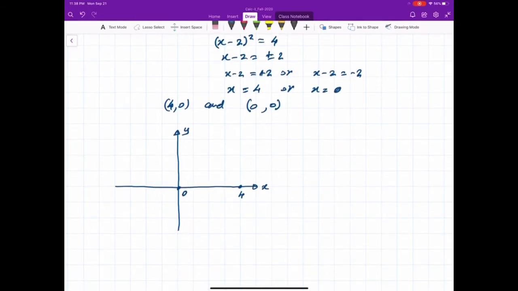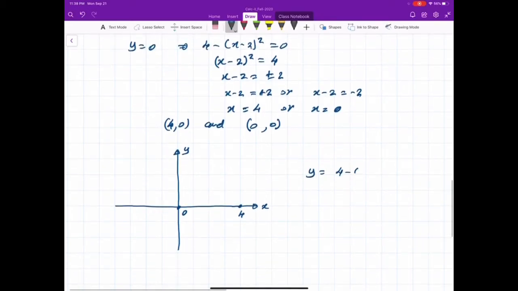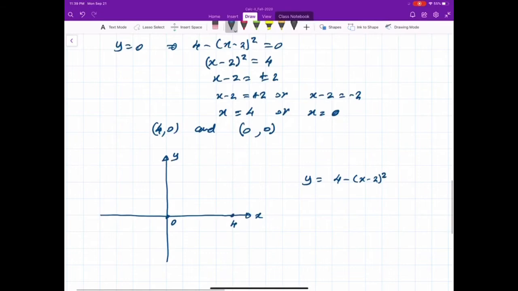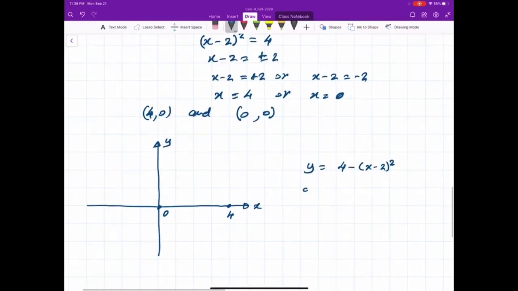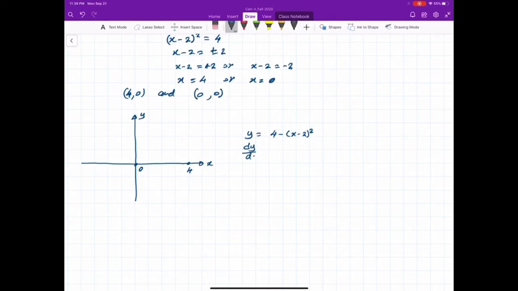You know that y equals 4 minus (x minus 2) squared, and then I get the derivative of y with respect to x.